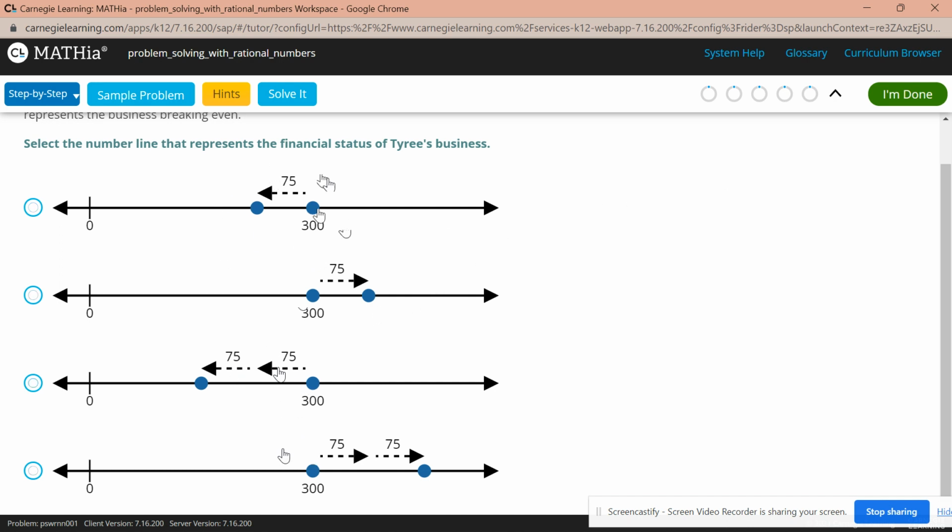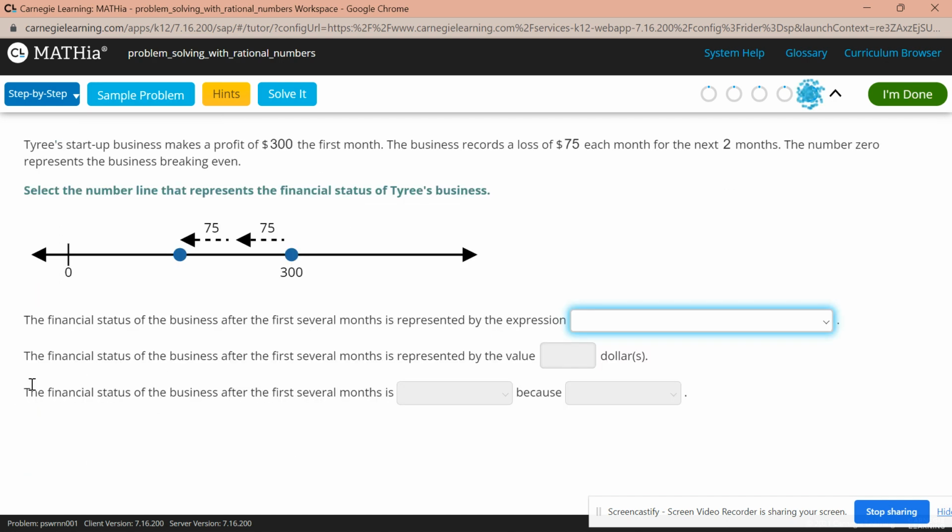We're going to deal with these 2. We had a positive 300, 0 to 300, and then we had 2 negative 75s. So between C and D, or number line 3 and 4, which one shows me that the 75s were negative? If you said this one, you're correct.